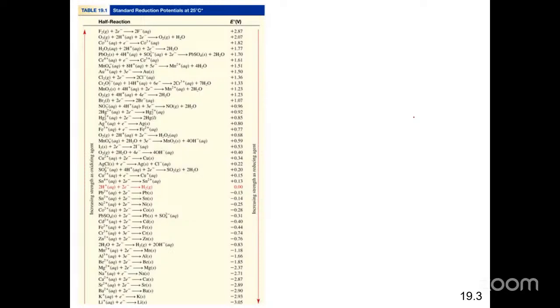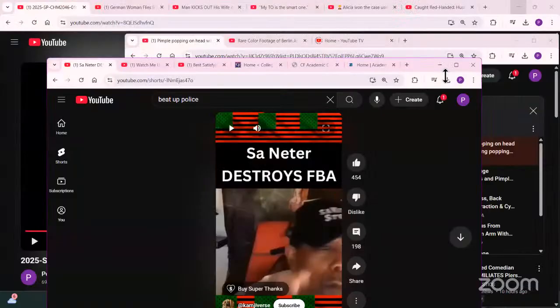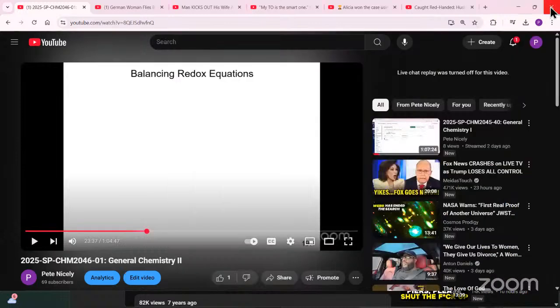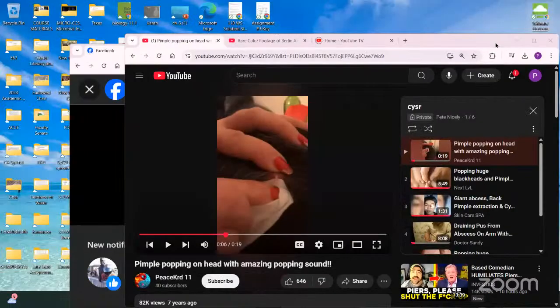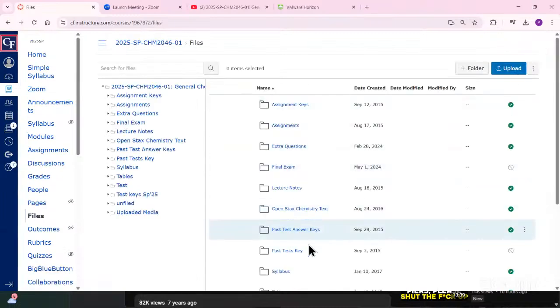And I have a more comprehensive list in Canvas. Let me just show you where that is, because that is what you'll have access to during your tests. All right, so files, and then tables.